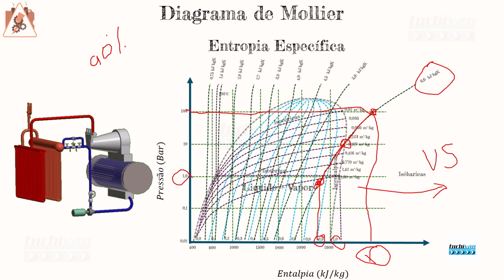It means that if we put a turbine to operate at 100 kilos of pressure and go down along the isentropic line to a vacuum condition, less than one bar, when this steam reaches the turbine condenser, that is, the exhaust, we are exhausting from the machine.